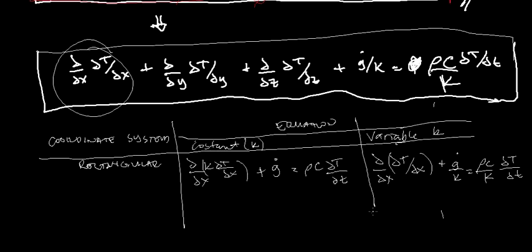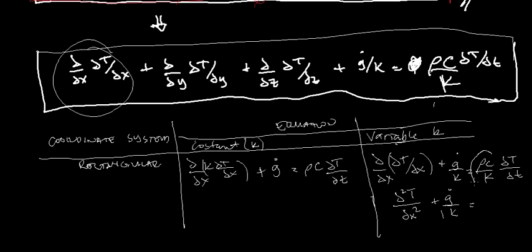You can simplify this by writing it as the second derivative of T with respect to x plus this heat generation is equal to this part.